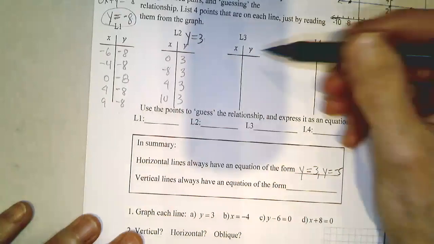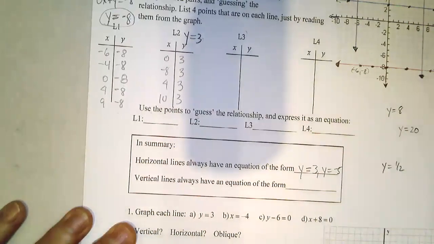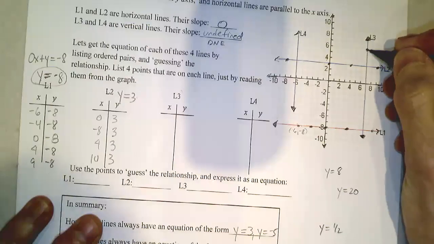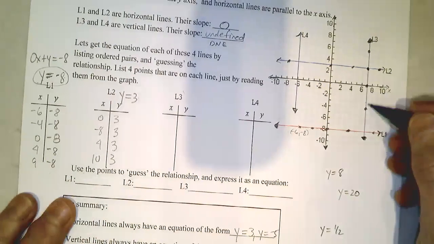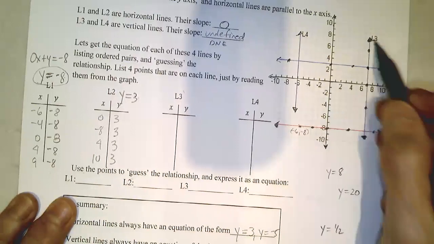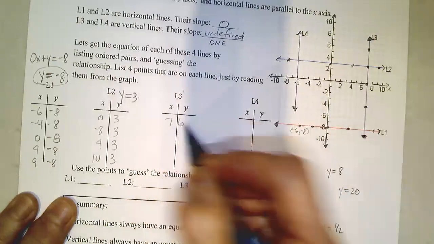So let's try L3, which is entirely different now because L3 is a vertical line. So if you look at this and you take, say, a point here or a point here, I'll take those 4 dots. 1, 2, 3, 4. This point would be, it's sitting on L3, I go over 7, up 6.